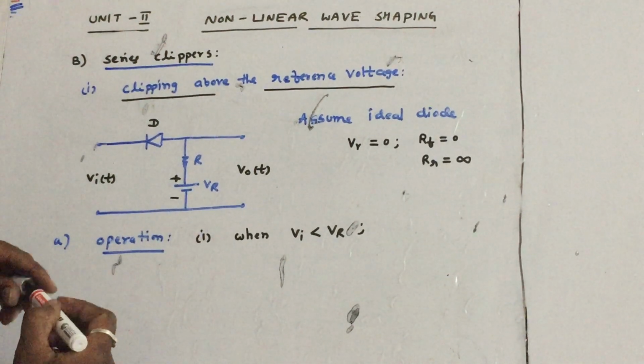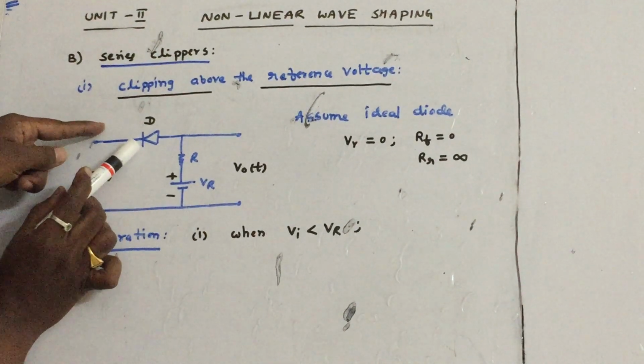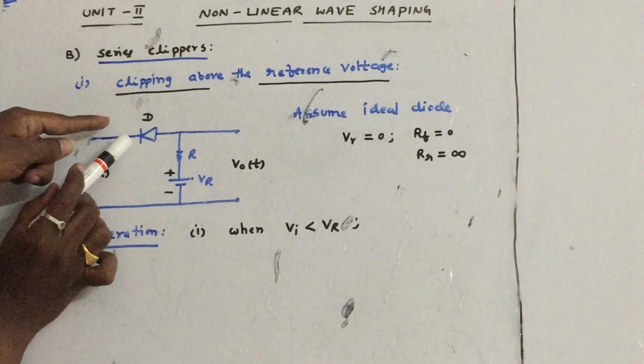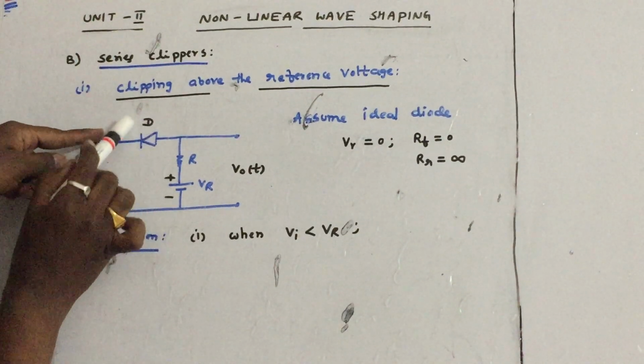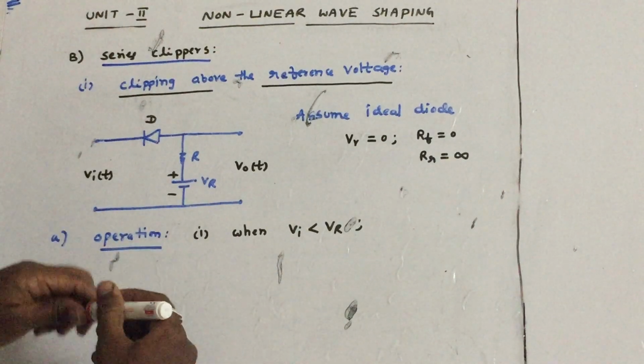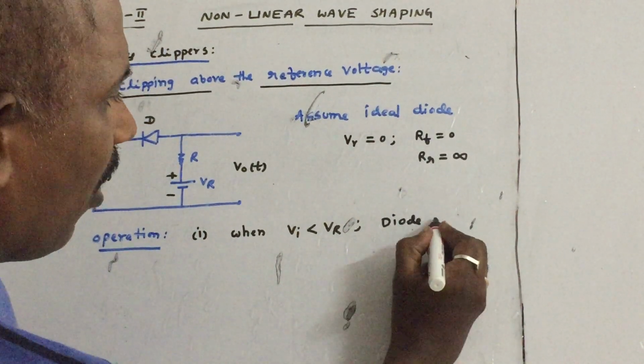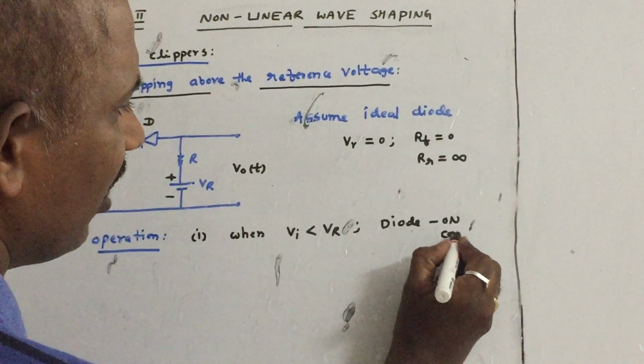So as long as the input voltage is less than VR, the diode will be in the on condition.